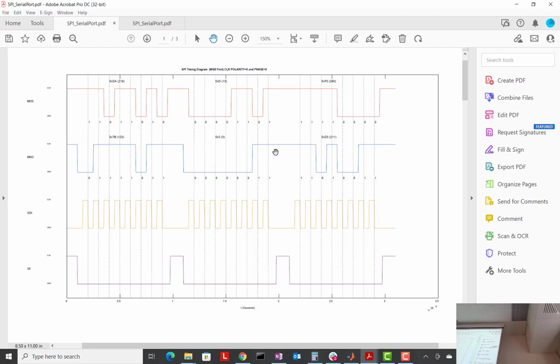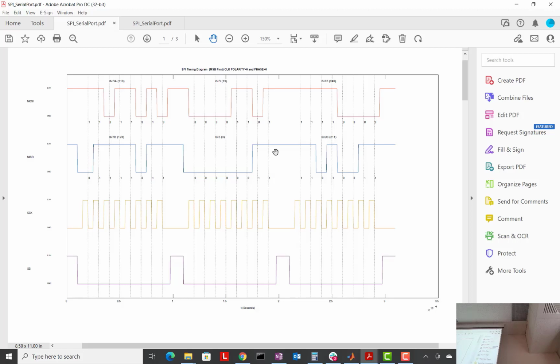And it's really annoying. I wish they would just have picked one mode and SPI would be that much simpler. But the 4 modes: the clock signal is normally low, starts low, and you read data, write out data on the low going edge.